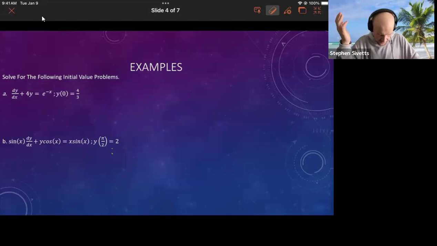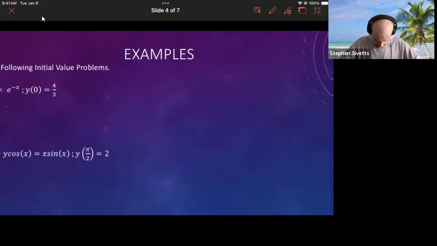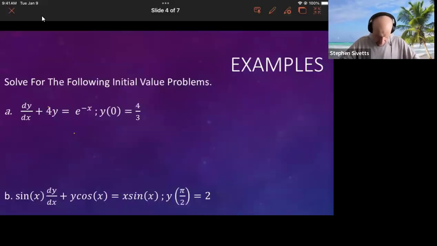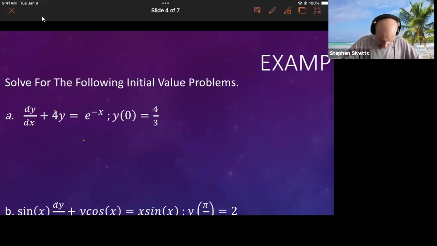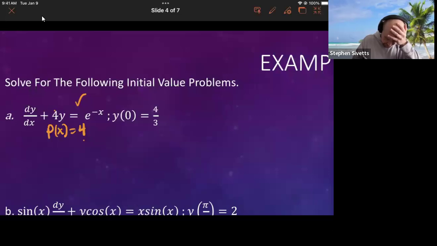Okay, so I assume you worked on these two examples. So let's work these out. Let me see, can I zoom in here? Okay, there we go. We have a linear differential equation here, so p of x is 4, right?